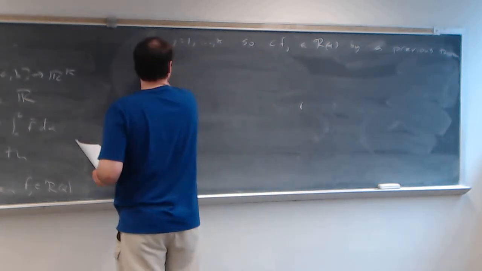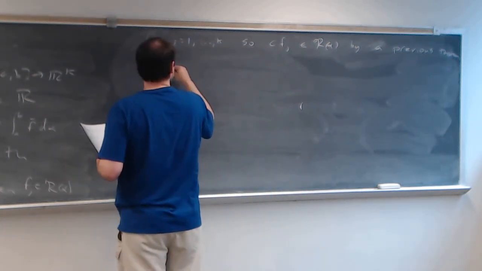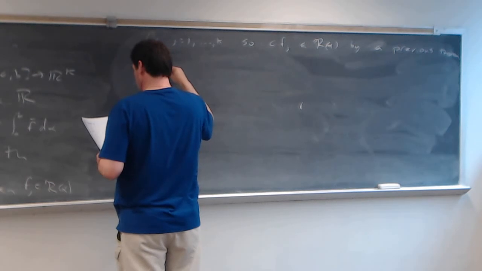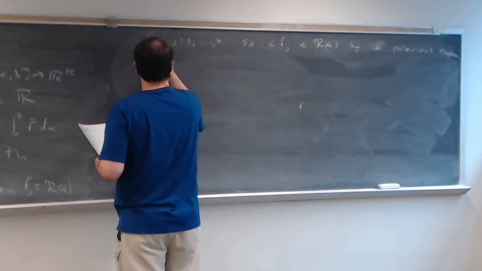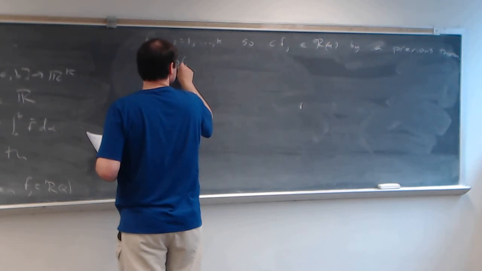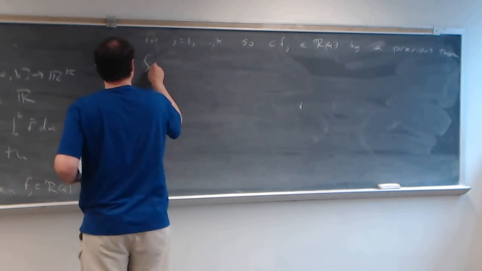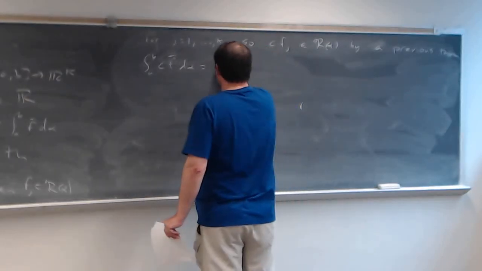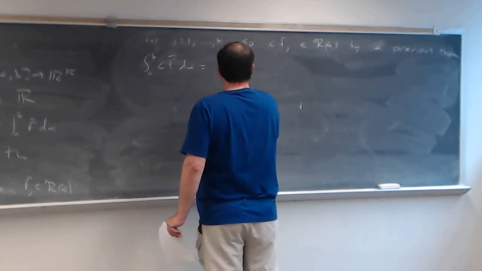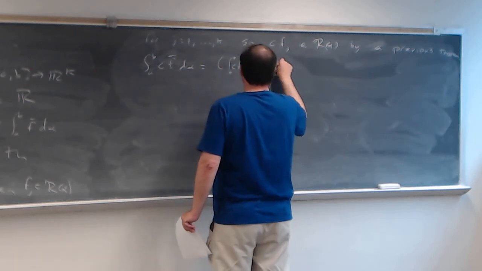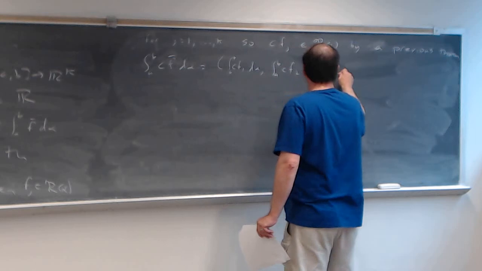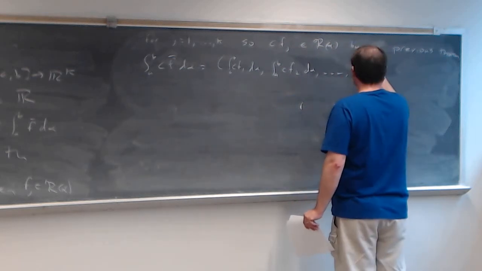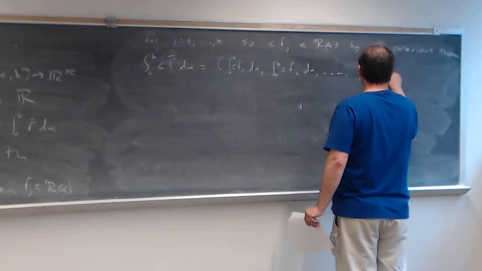So that means the integral from a to b of c f bar d alpha equals the integral from a to b of c f1 d alpha, comma, the integral from a to b of c f2 d alpha, all the way up to the k-th component, the integral from a to b of c fk d alpha.